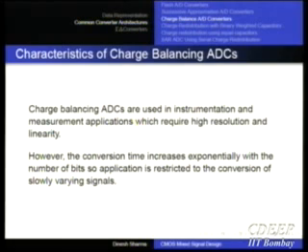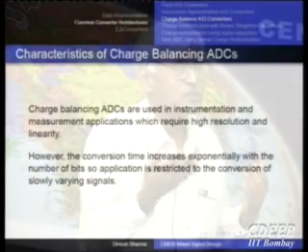Whenever you have something which is sensitive to the differential of the two values, then linearity and monotonicity become very, very important. If it is not monotonic, then it will change sign from the true value when you take the differential. So anything which is sensitive to the differential, and many nuclear things depend on the rate of change of the energy with whatever control variable, those are the ones which use this kind of converter.